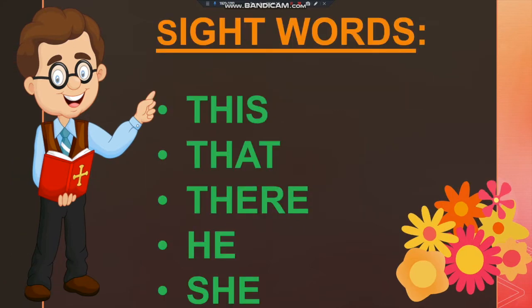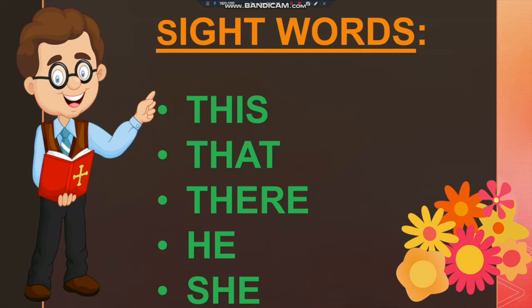The sight word we will use in this video is this, T-H-I-S. This is used when something is very close to us. If I have a paper or a pencil very close to me, I will say, this is my pen.